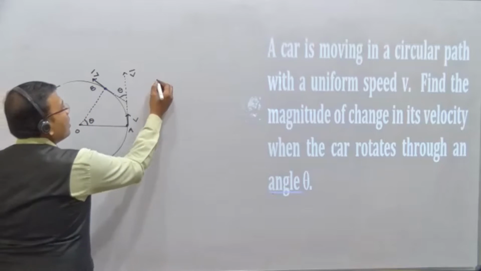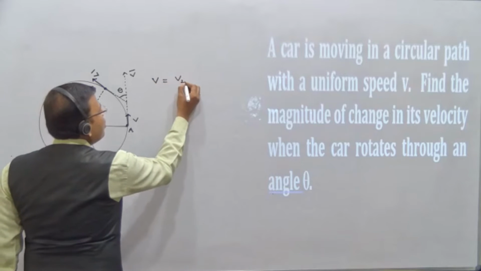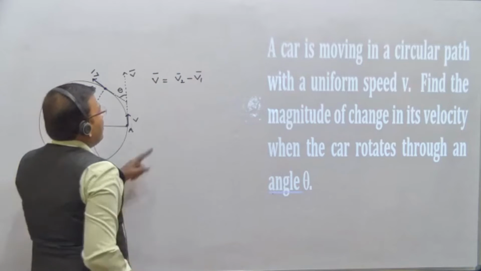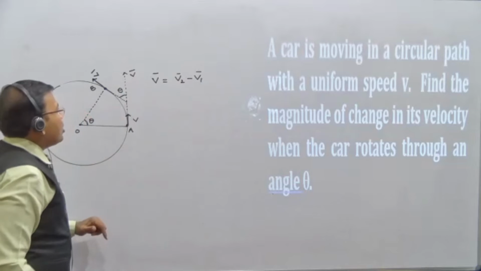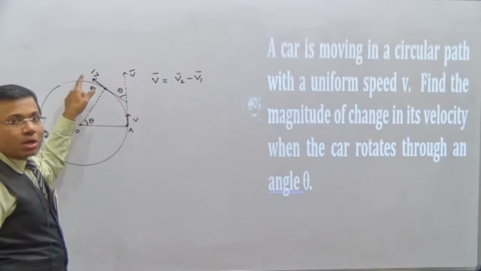So here I write, that is change. How to find the change? That is v2 minus v1. I'll write like this: the resultant velocity is equal to v2 minus v1, and as per our situation, this is our v1 and this is our v2. Both are the same.